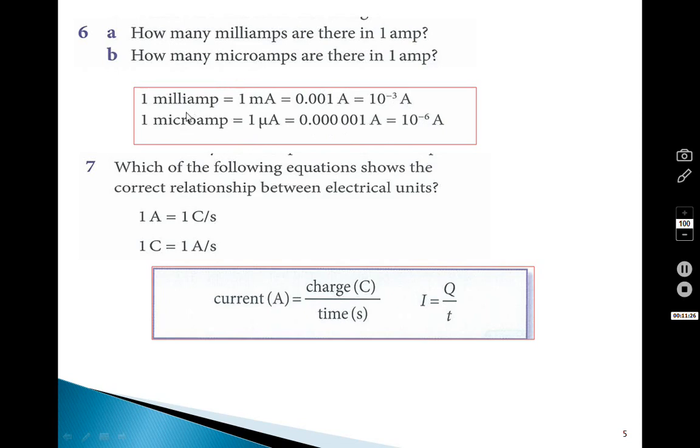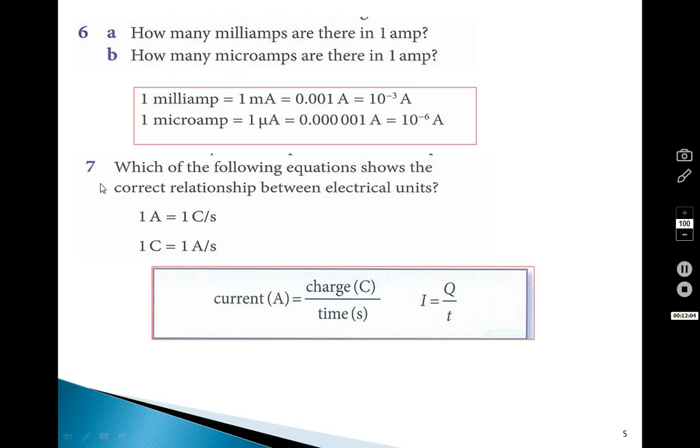Or we can say that 1 milliampere is equal to 0.001 ampere, and 1 microampere is equal to 0.000001 ampere, or 10 to the power of minus 6 ampere. Keep those in mind. It's very important when you're changing from milliampere to ampere, or from microampere to ampere.